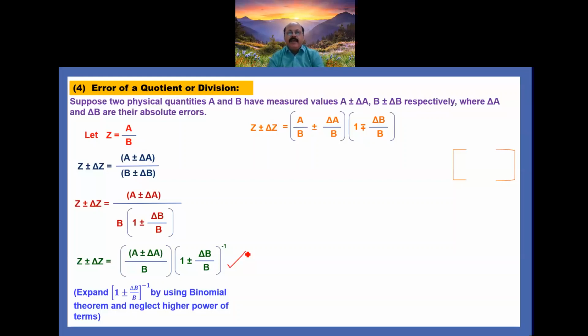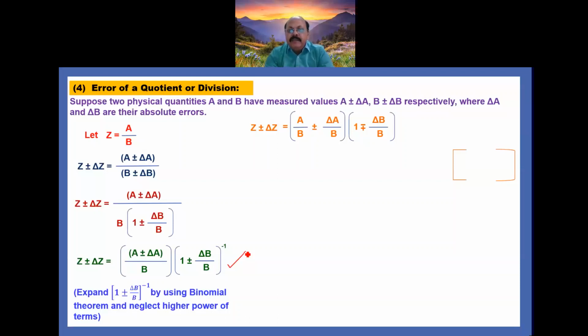So by using the binomial theorem, we can write the expression like that: z plus minus delta z equals a upon b, within brackets, a upon b plus minus delta a upon a, within brackets 1 minus plus delta b upon b, because according to the binomial theorem, 1 plus x raised to the power n equals 1 plus nx, and the higher power terms are neglected.